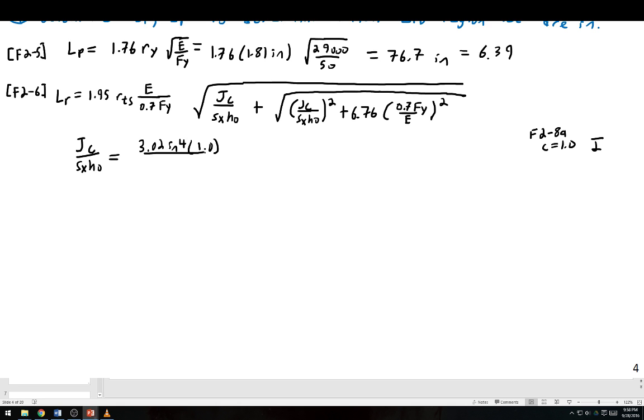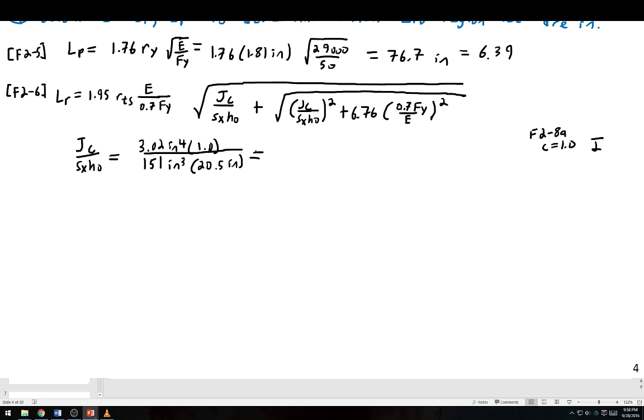Sx is our strong axis S again, just something we had from our table earlier. And this is going to be 151 inches to the third, and then times ho, which is going to be 20.5 inches.